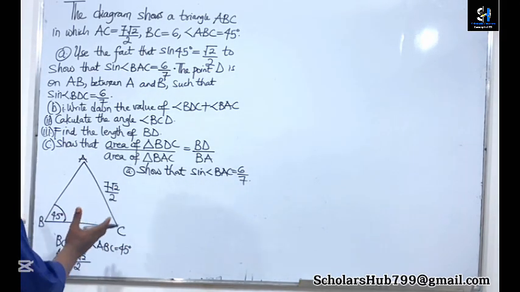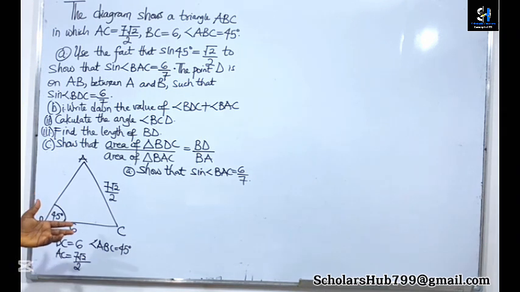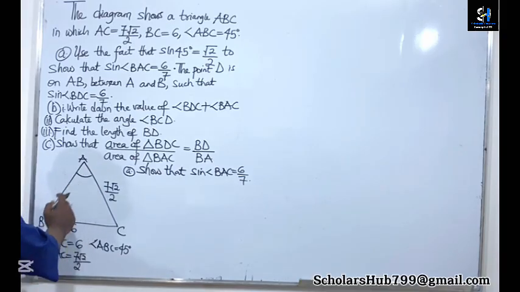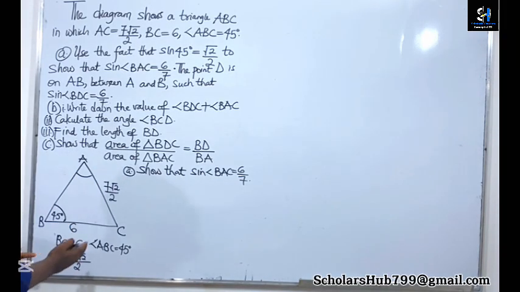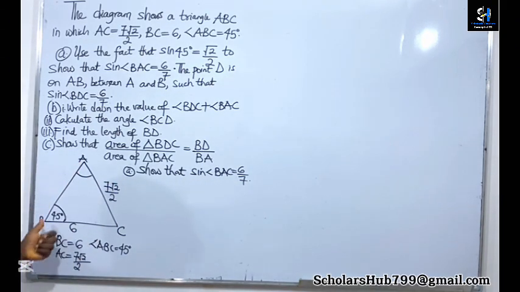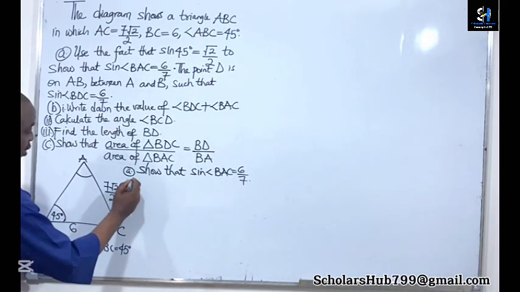So we can apply the sine rule, because we want to find the sine of angle BAC, and the side opposite angle BAC is 6, while the side opposite angle ABC is 7 root 2 over 2.